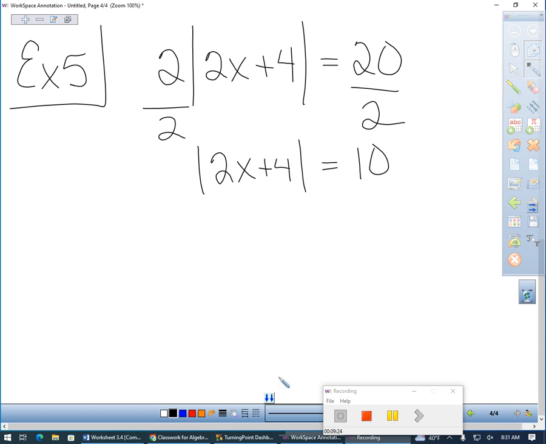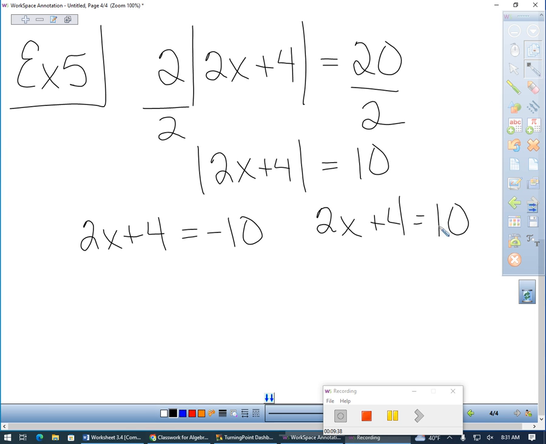Now that the absolute value is by itself, we can split it into 2. I have 2x plus 4 is equal to negative 10, and I have 2x plus 4 is equal to positive 10. First one, subtract 4 from both sides. We get 2x is equal to negative 14.